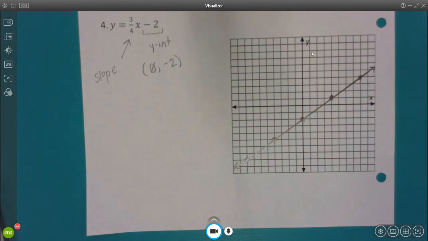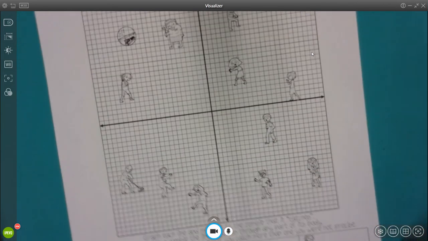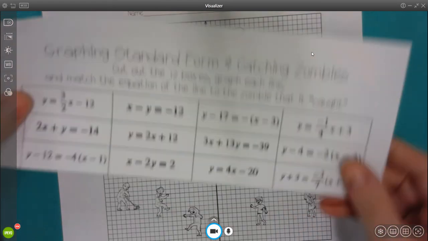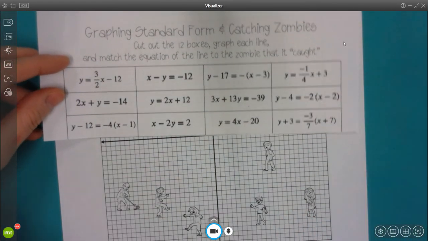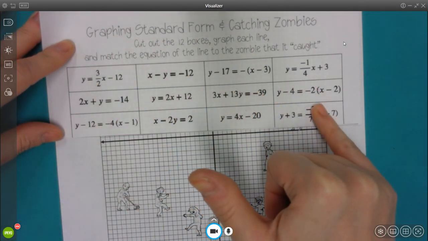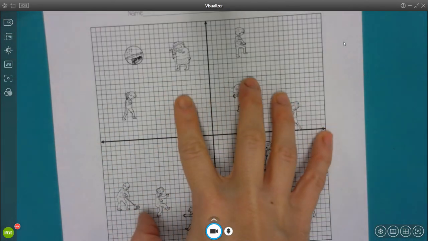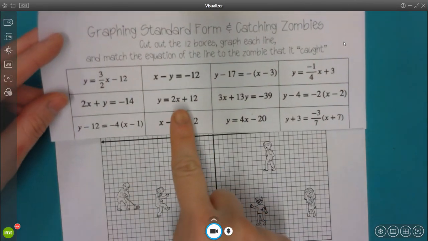So just as a reminder, with our zombie activity to practice graphing, when my camera unfreezes, you have the graph with all the different zombies on it, and you have this sheet with all of the different forms of graphing. So your mission is to take each of these equations, graph them on here, and figure out which zombie gets caught by which line.